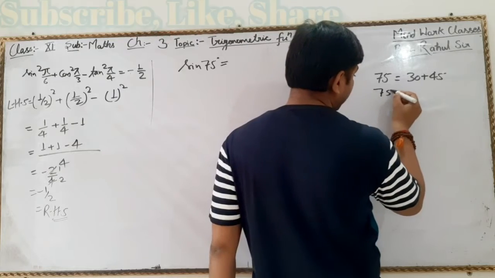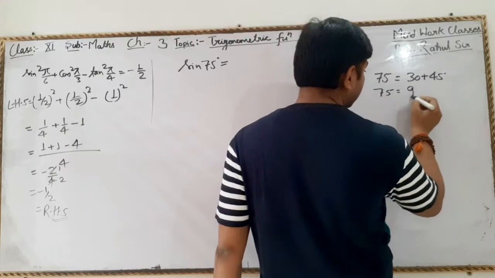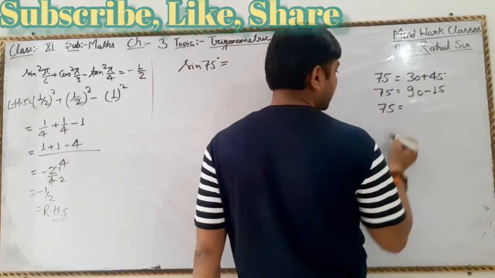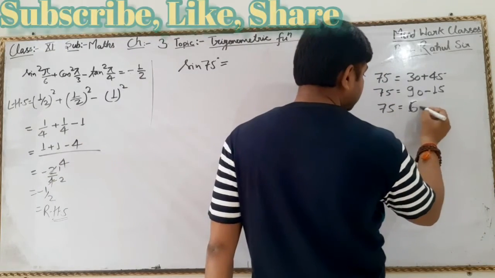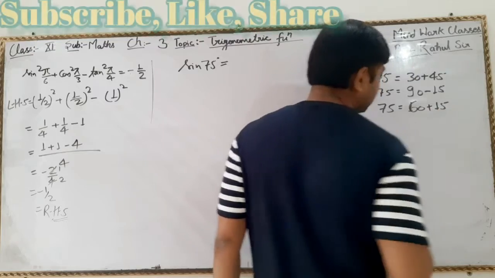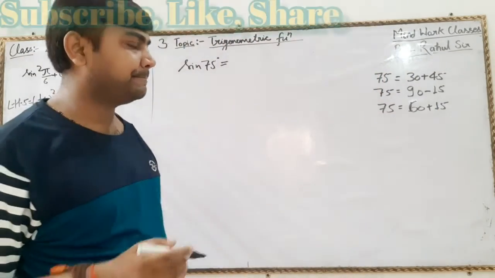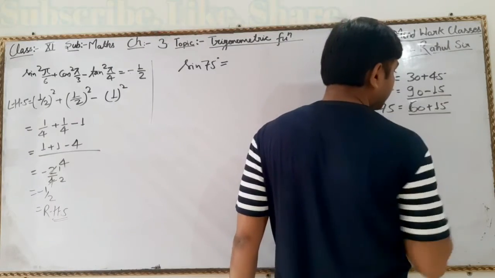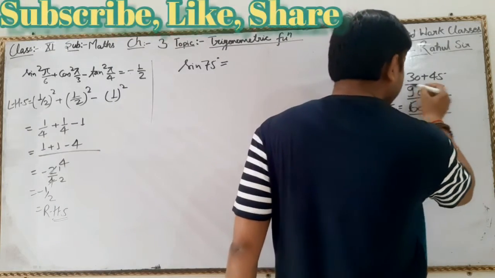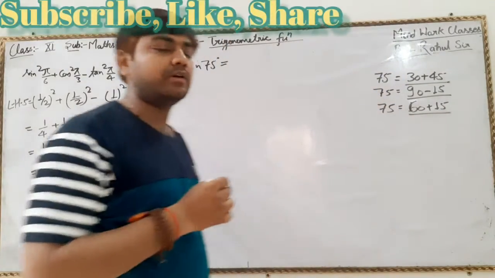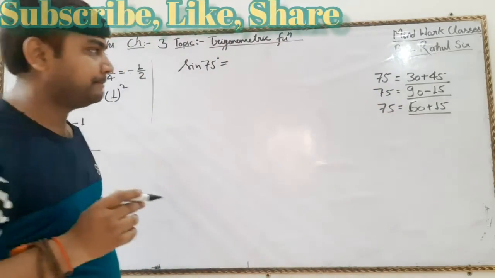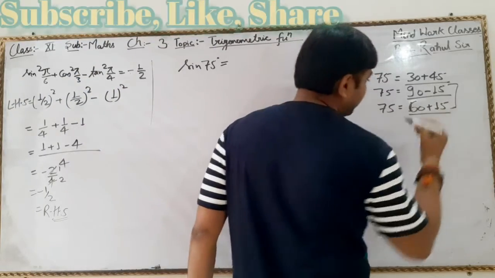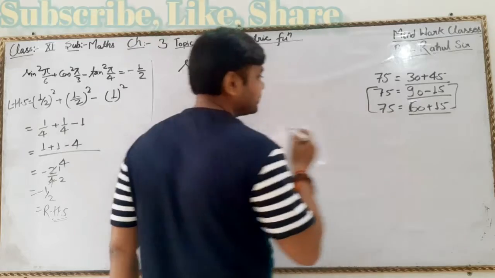Again, 75 can also be written as 90 minus 15, and 75 can also be written as 60 plus 15. All these three methods can be used to find the value of sin 75, but I will explain two of these methods.